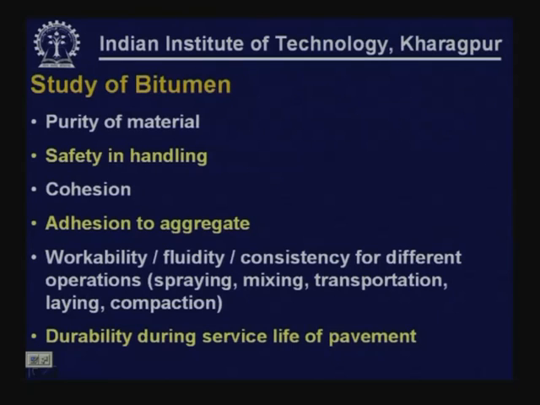These aggregates could be of different nature. We also have to understand how workable bitumen is going to be, or how fluid, or what is the consistency of bitumen for different operations. If we want to spray it, can bitumen be used as it is at normal temperature? Can we spray it? Or can bitumen be mixed with aggregates at normal temperatures? Obviously not.